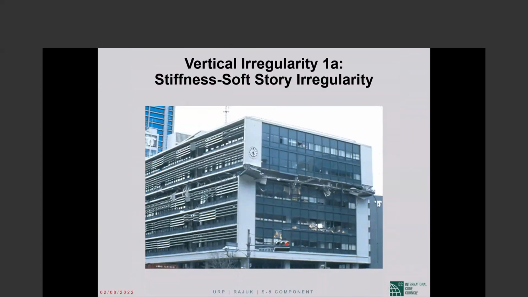This is a very nice example of what happens. So this is the city hall of Kobe after the earthquake. I'm having problem with dates today. Yeah, the Kobe earthquake.